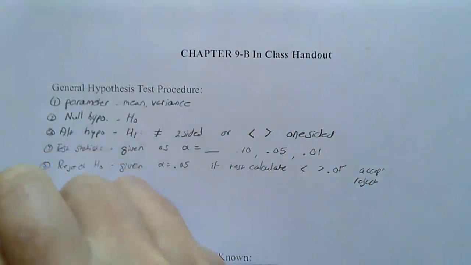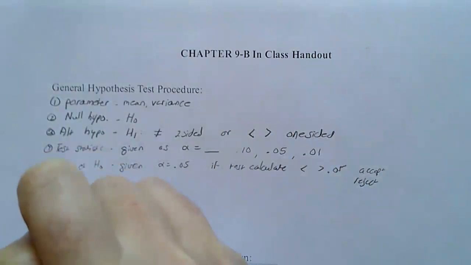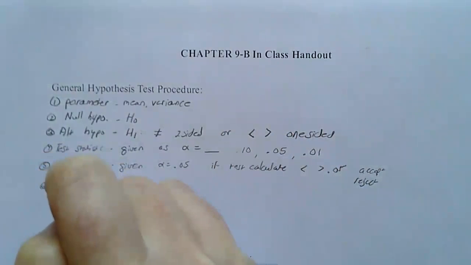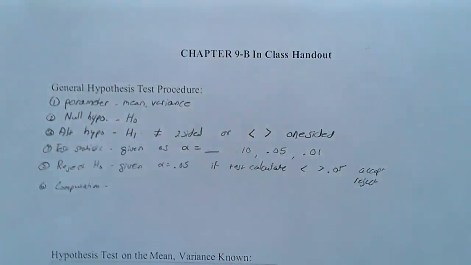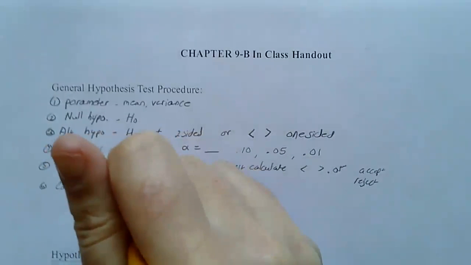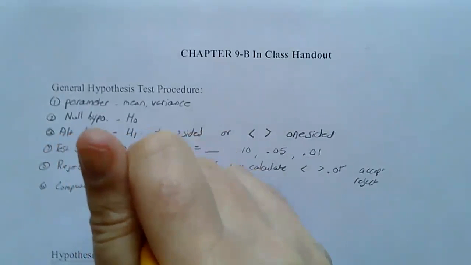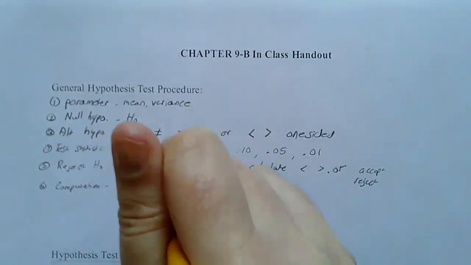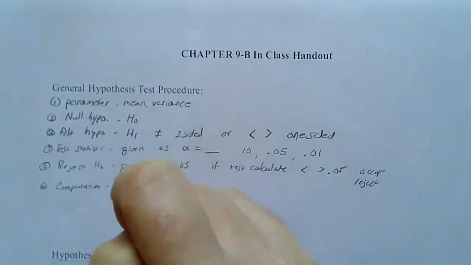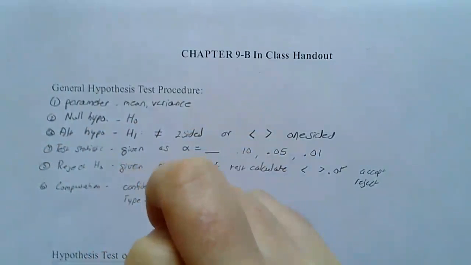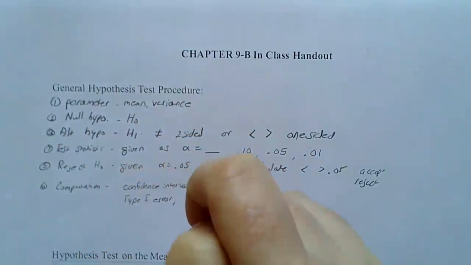Then you do the computation. And so this is the computation. Most frequently, we're going to be looking at confidence intervals. So that's one thing that we look at a lot, confidence intervals. We might look at type 1 error. We might look at type 2 error.